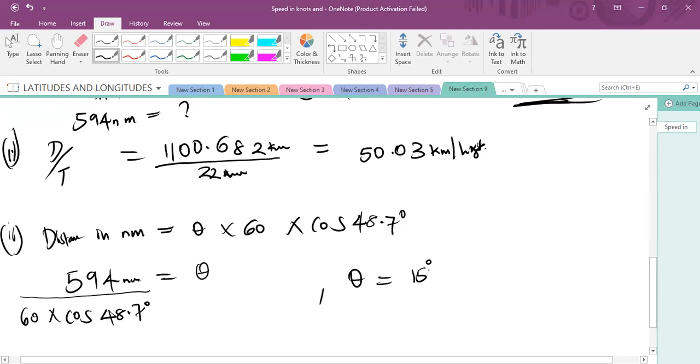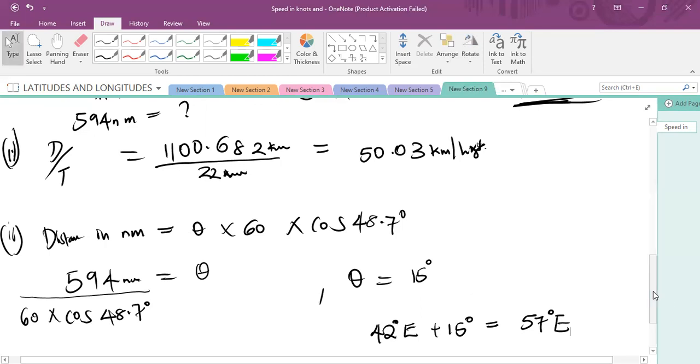Now, since we are being told that the ship sailed due east from 42 degrees east, it means we add 15 degrees, and this is going to give us 42 plus 15, 57 degrees east.